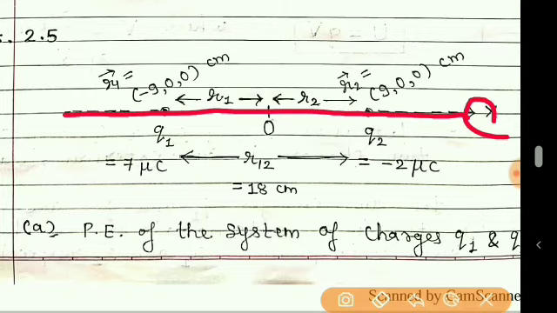Now this is the center of the line joining these two charges. So from this point O, this much distance will definitely be 9.